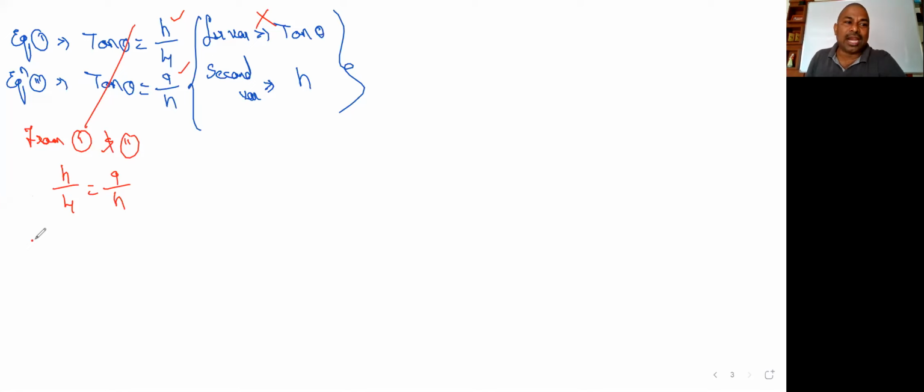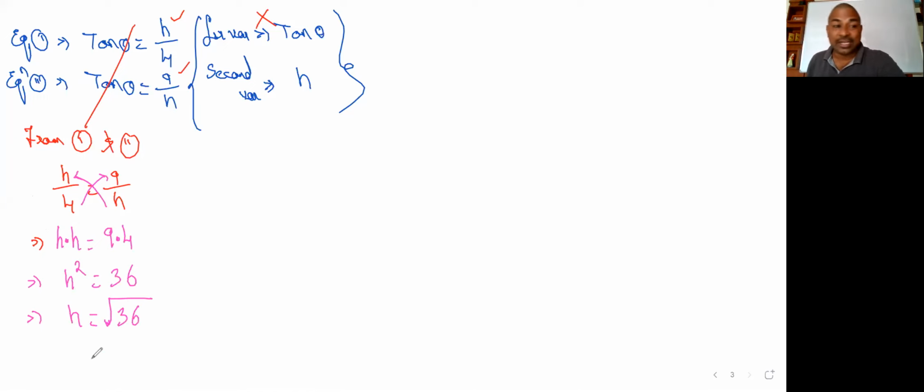Now what we need? Let us find the value of h. To find the value of h, let us cross multiply. So what we are having, h into h is equal to 9 into 4. We know h into h is nothing but h square, and 9 into 4 is nothing but 36. Right. Now, if you send square to the other side, we will be getting square root of 36.